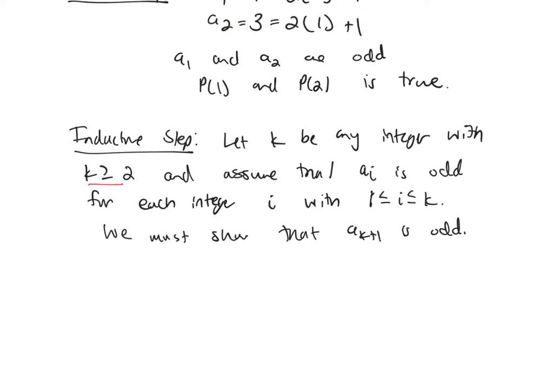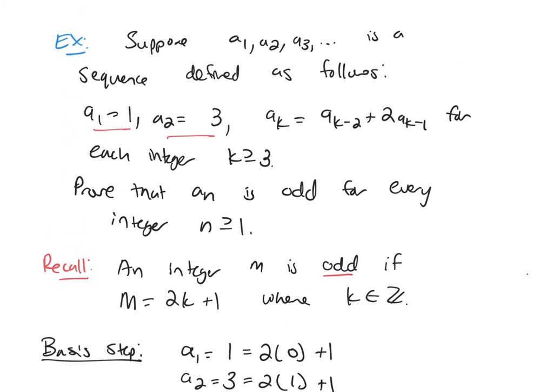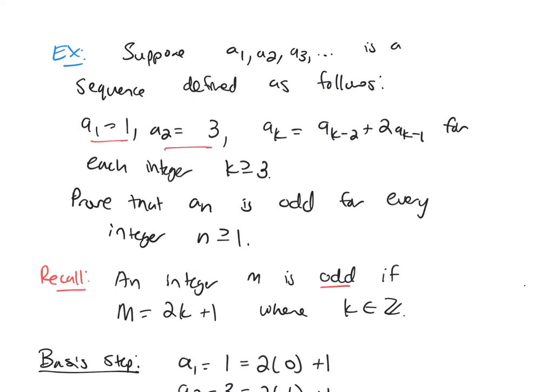Because k is at least 2, that means k plus 1 is at least 3. And because k plus 1 is at least 3, I can use the recurrence formula. This formula right here, I can use for A_{k+1}. We replace k by k plus 1.